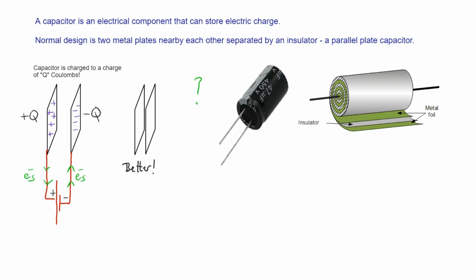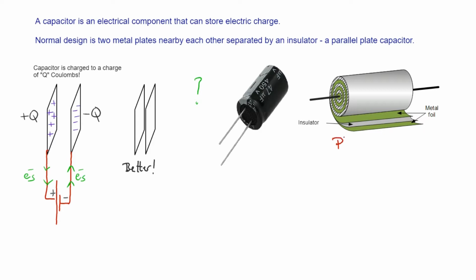And actually the efficiency can be improved by using different materials. An insulator, a thin piece of paper, for example, means that the plates are really close together, and doing this Swiss roll formation means that we get a big surface area on the two plates.